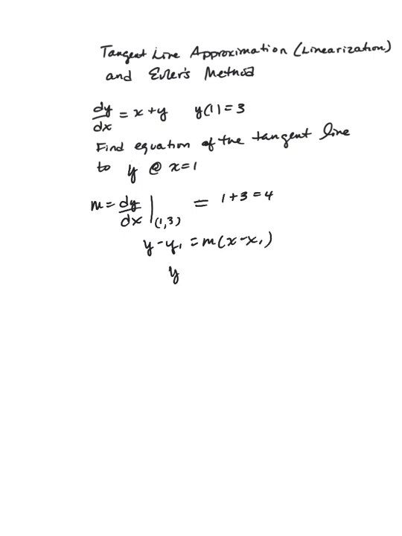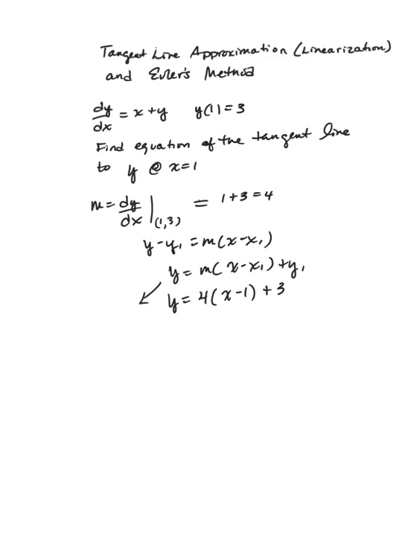You can write it like this, or you can write it like this. I'll use this version: y equals m times (x minus x1) plus y1.